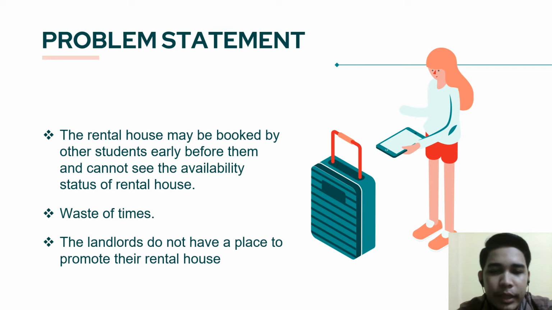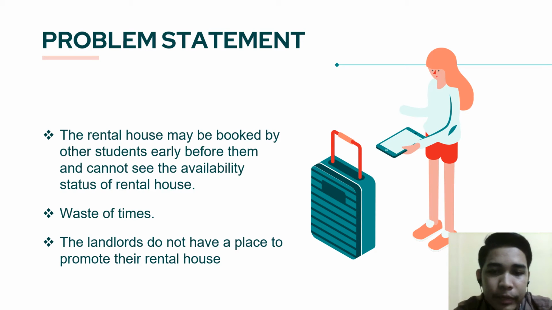Problem statement. There are 3 problem statements that I want to highlight here. For the non-resident student, they need to find the rental house themselves with the help of UPKNR, which only provides the contact number of the landlord for them to contact and find the house themselves. By using this manual method, there will be a problem because the rental house might be booked by other students early before them.